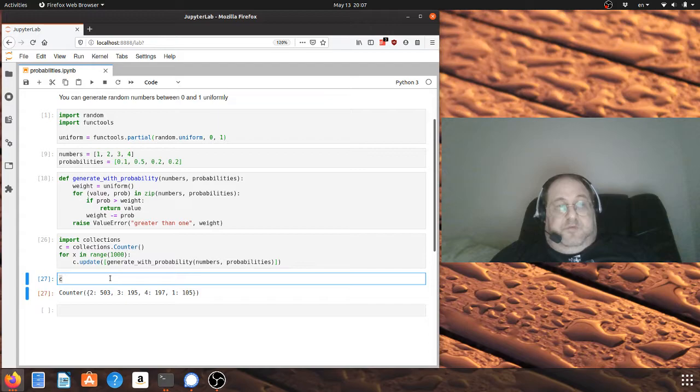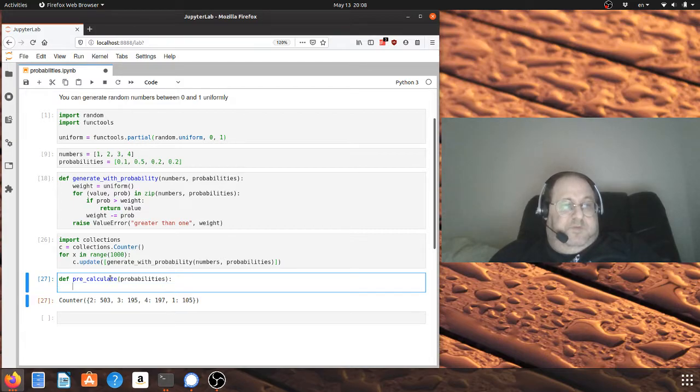And the answer is of course yes, but we have to do pre-calculation for that. So let's do pre-calculation, and we'll take probabilities and generate accumulated probabilities.